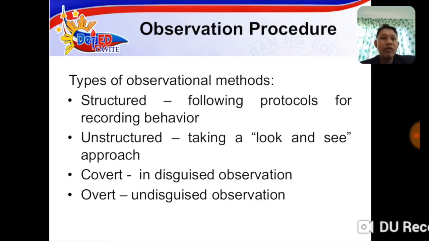So that is for the overt. So we have types of observational methods. The first one is structured, unstructured, covert, and overt. So you can choose now the method or procedure of data collection under observation.